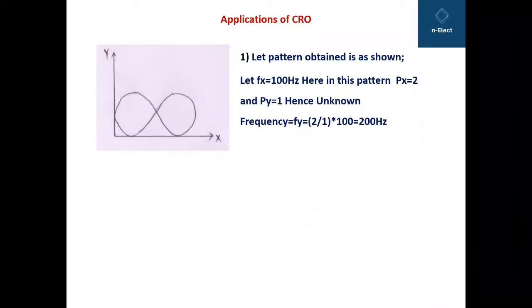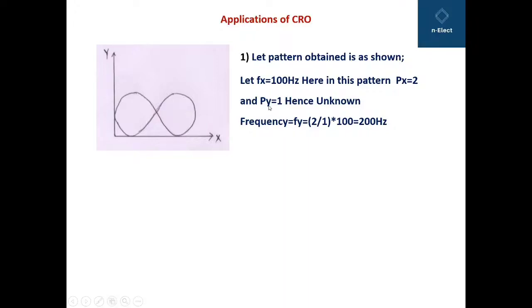Now here we will try to understand from the different Lissajous figure patterns which can be obtained on the screen. We will try to know the unknown frequency. So let the pattern obtained be as shown. Let fx, that is the known frequency, be equal to 100 Hz. Here in this pattern, px is equal to 2, since the intercepts made by this diagram on the x-axis are 2. This is 1 and this is 2.